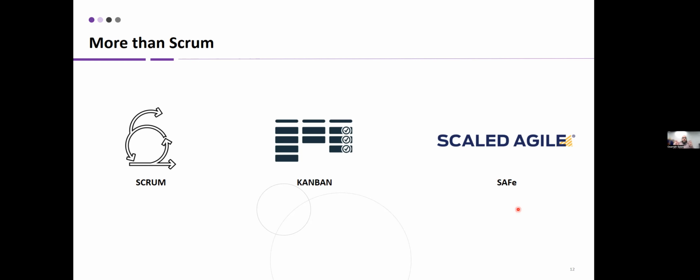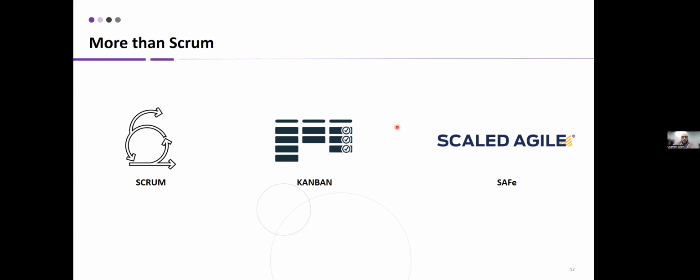So we have multiple frameworks tackling different areas, and different teams may employ different frameworks depending on their situation. They may even come up with their own version, so they take something and customize it. These are not even the only frameworks out there, but I'm keeping it simple for everyone. I don't want to inundate you with too much information. But those are very important: Scrum, Kanban, and now very recently Scaled Agile or SAFe.